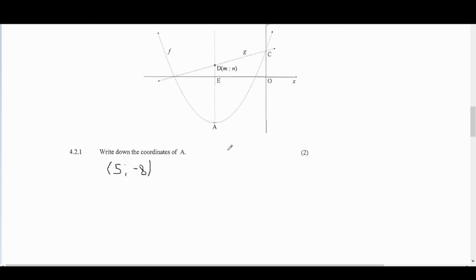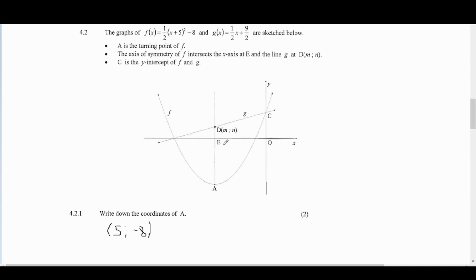Okay, 4.2.3, calculate the values of m and n. M and n, of course, is the coordinates of point D, which is on the same line as our turning point, so they share the same x value. So that means our m is minus 5.